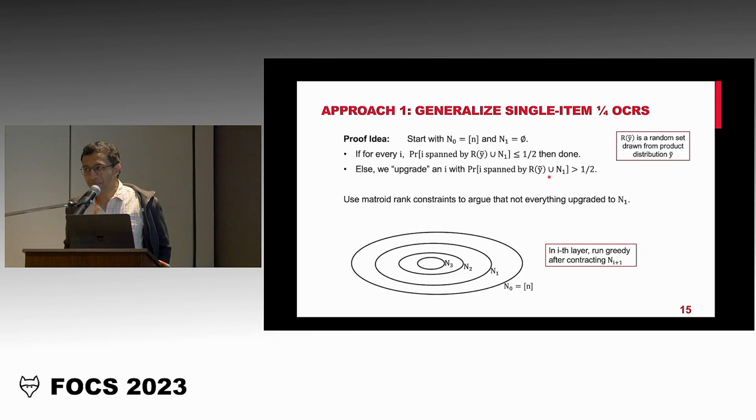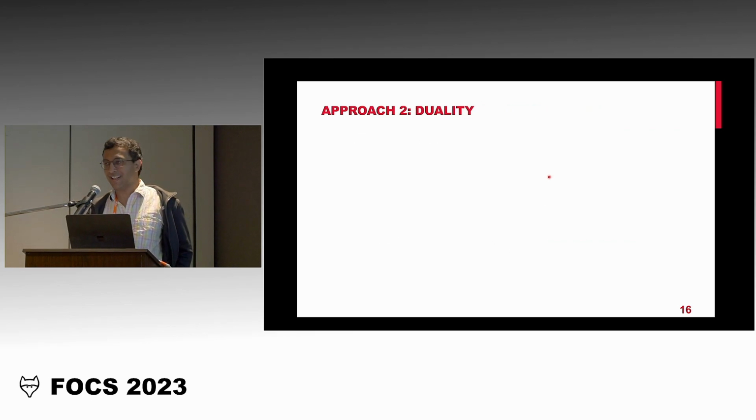What I'm going to show you next is a half for matroids, but it does not apply to all the settings. There are still applications for which the best we know is only a quarter, because those applications require some additional properties for which the half proof does not go through. Good question.